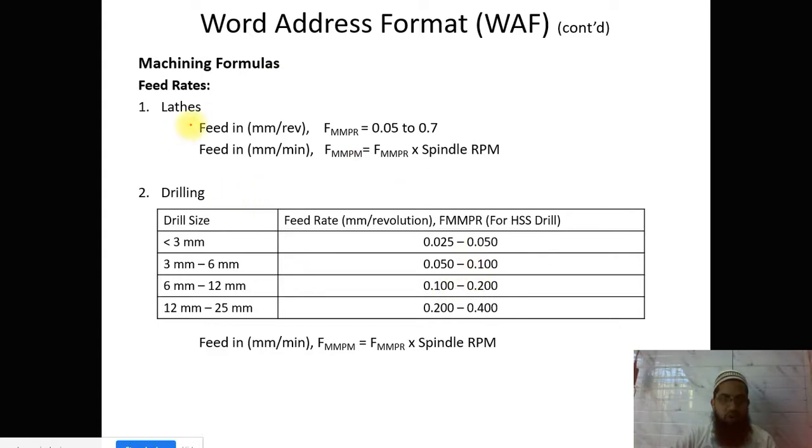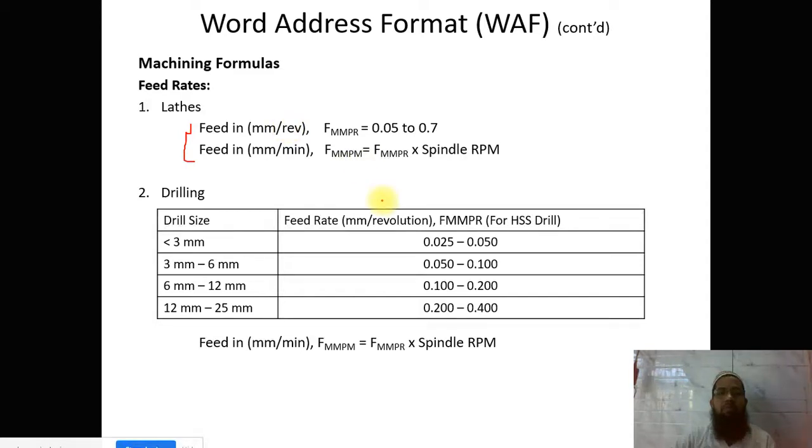So this formula is also important. If it is given per revolution, you have to convert it into per minute by multiplying by the spindle RPM, which we get from the last slide. Multiply that by the per revolution feed given in the question, and you will get per minute.